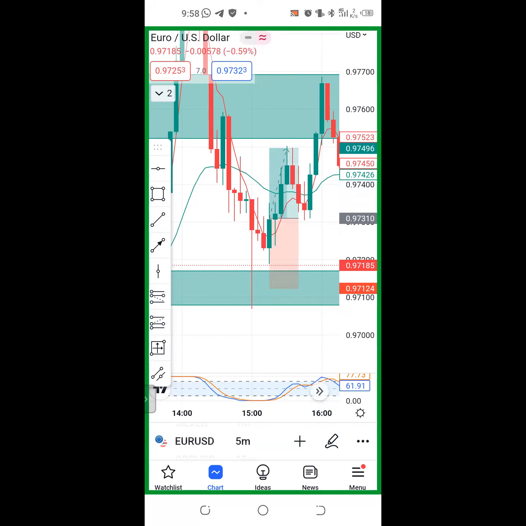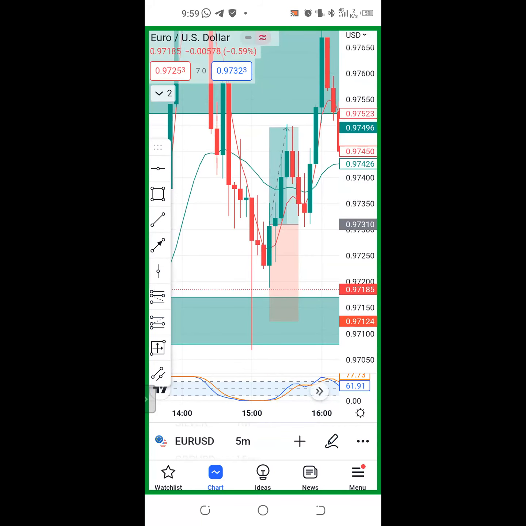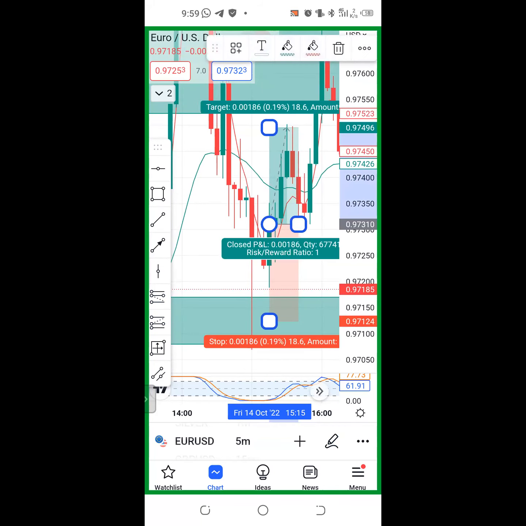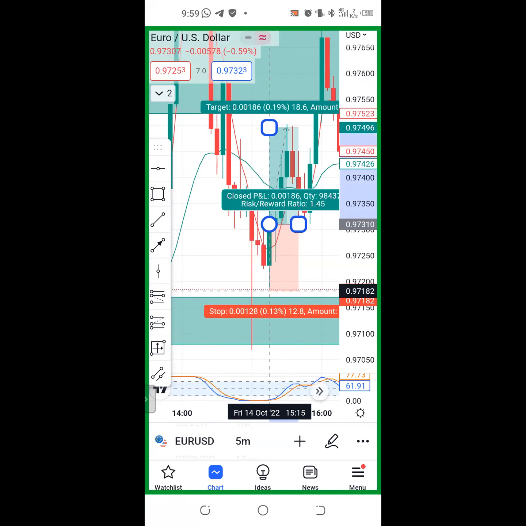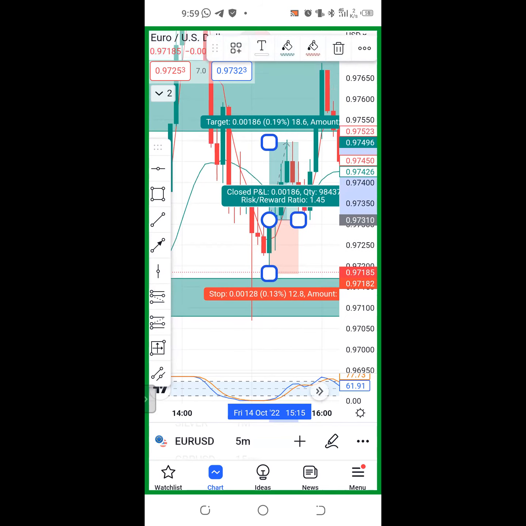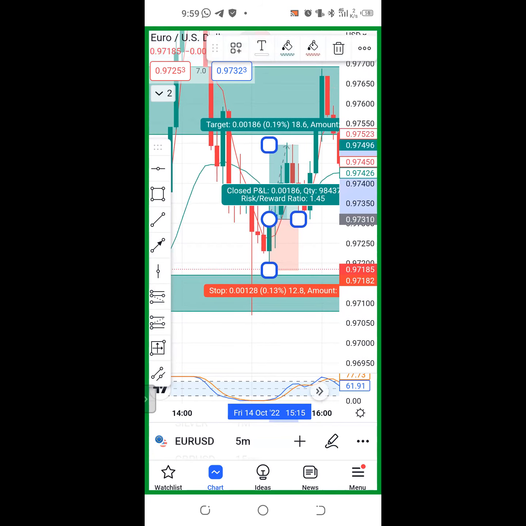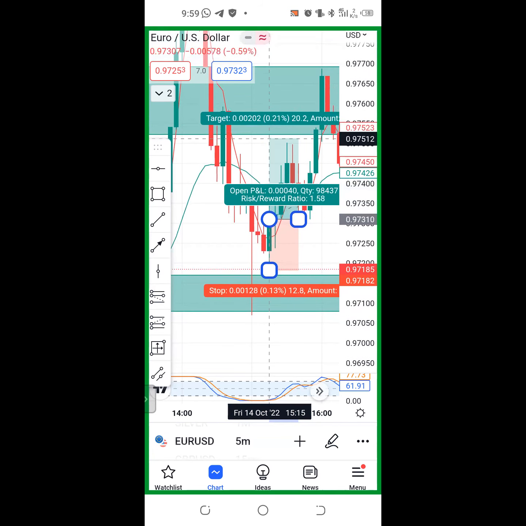Now, see what I'm doing. Anytime you are doing this kind of thing, your stop loss is always at the tip of the wick of the green candle. And then your take profit. For me, I like to stay at the next key level because there's a tendency that the price may reverse from this key level. So let's say you put your take profit here.